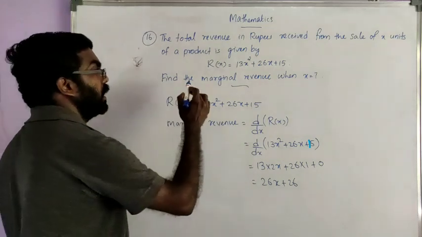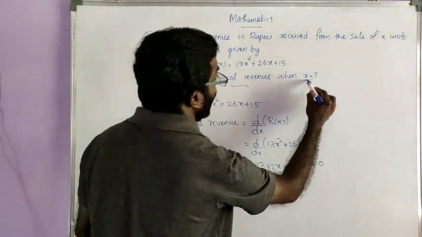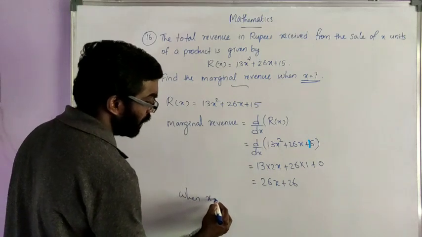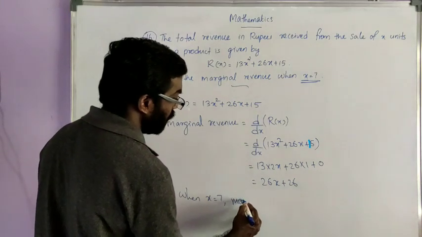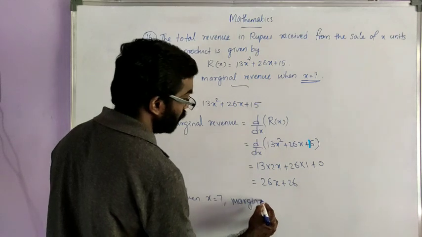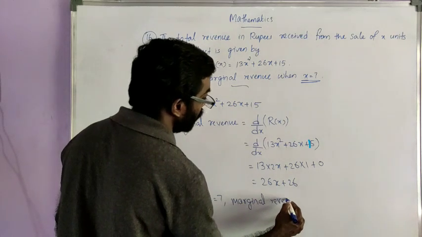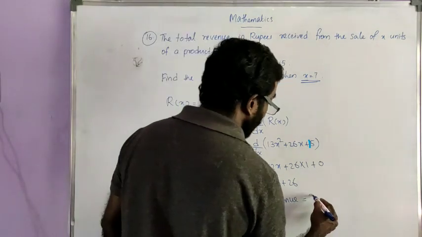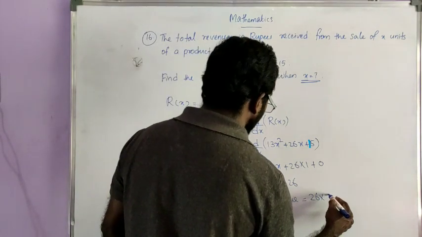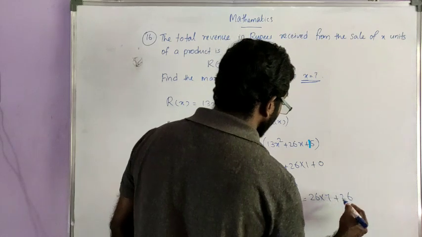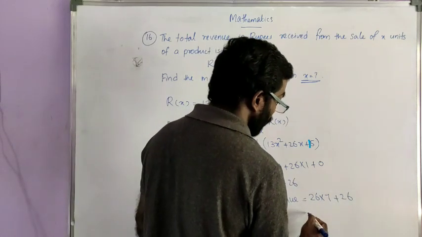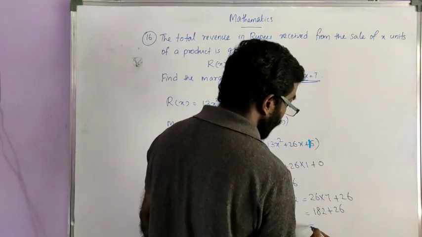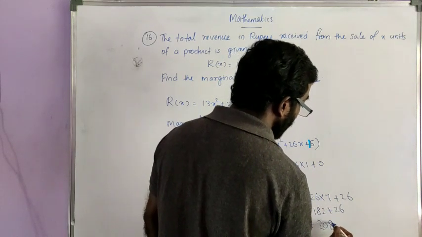Okay, and in this question we have to find the marginal revenue when X equal to 7. So when X equal to 7, the marginal revenue is equal to, we can replace X by 7. So 26 into 7 plus 26. So 26 into 7, which is equal to 182, then plus 26, which is equal to 208.